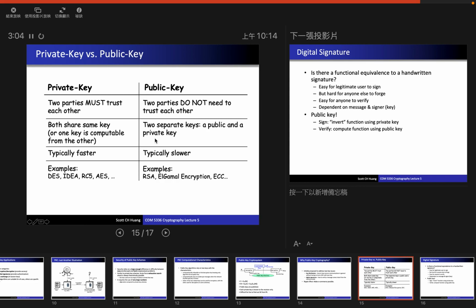And then private key cryptography is typically faster, and it's a lot faster. It's not just a little bit faster; it's faster by a huge margin. Let me give you an idea. A few years ago, I think like 7-8 years ago, I was supervising some undergraduates to implement a public key crypto system.